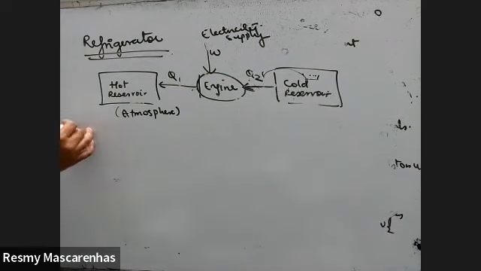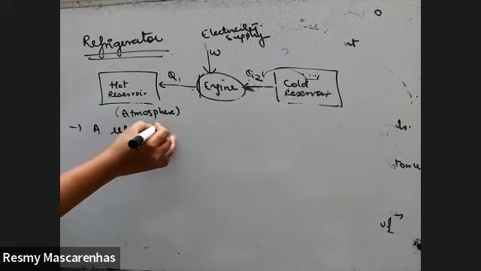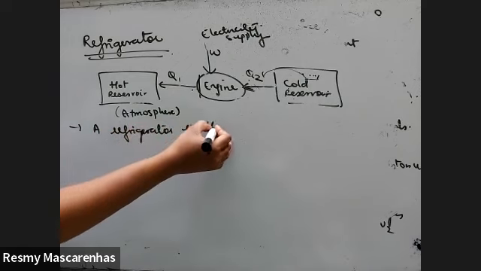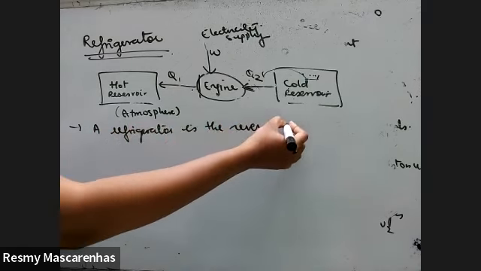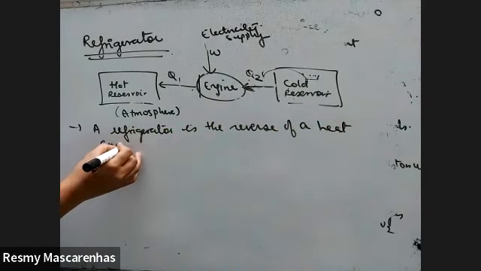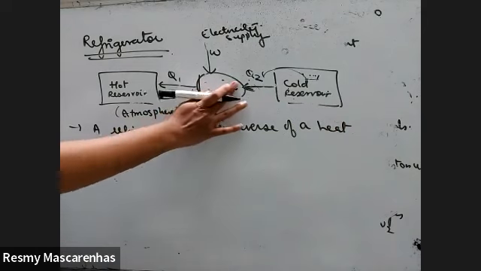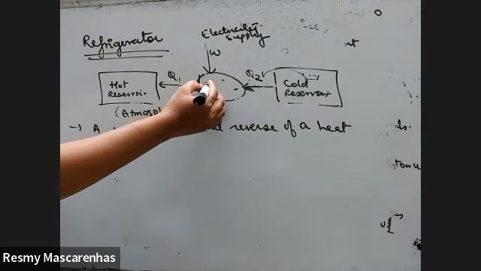We can write: a refrigerator is the reverse of a heat engine. Here you may not use the word engine, put something else.